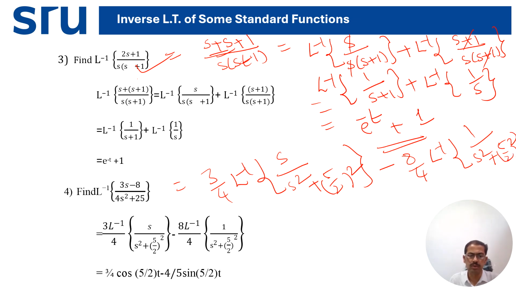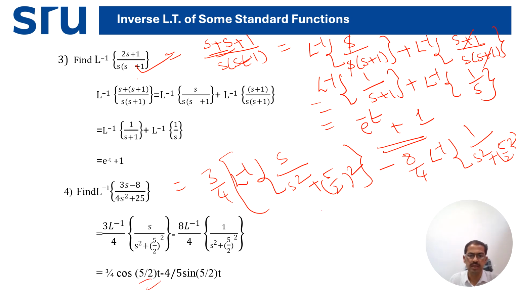So this is in the form of s by s square plus a square, which is the formula for cos at. So cos 5 by 2 t.